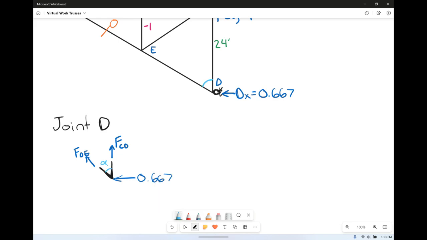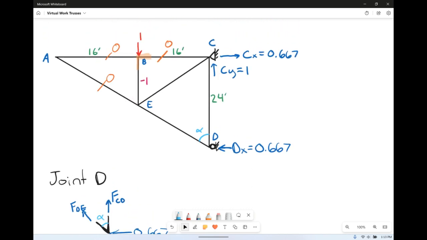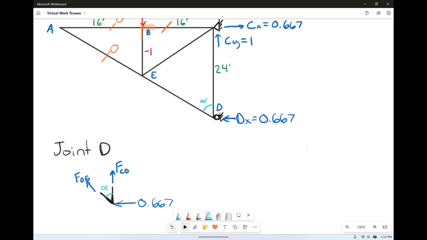Now, unfortunately, we might want to go through and start finding some angles. So we're going to find this angle here, this angle alpha. So what do we know about alpha? Well, if you look at the whole truss overall, you've got a side here of 24 and a really long side here of 16 plus 16, which is 32. And that's creating the triangle that alpha is in. So we're going to draw that out.